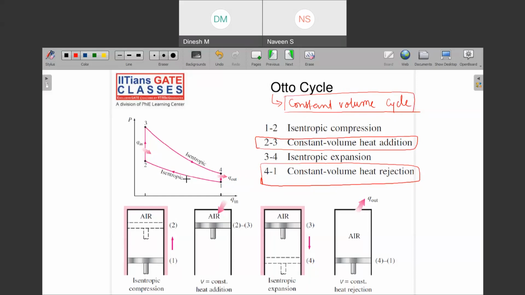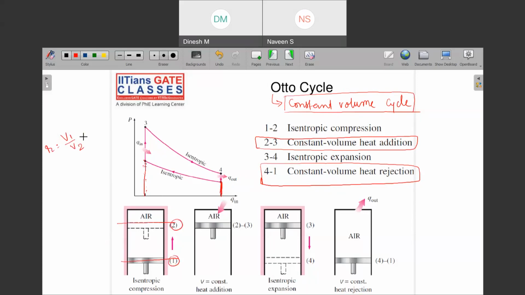So here you can see that initially your volume was V1 and now you have got compressed to V2. So your compression ratio r is nothing but V1 by V2. Initially the volume was this one, and after compression, once you reach this point, your V2 is this one.